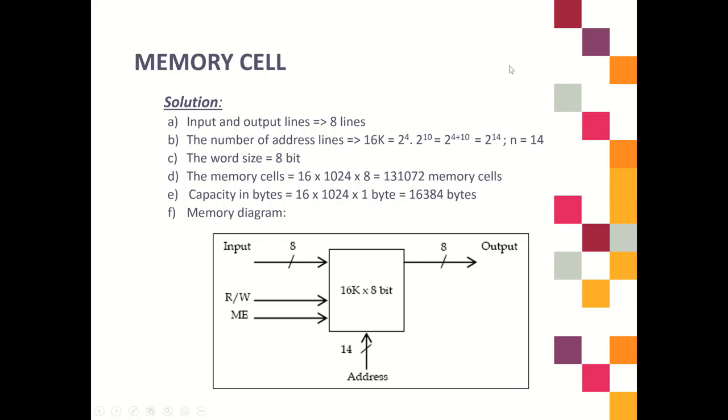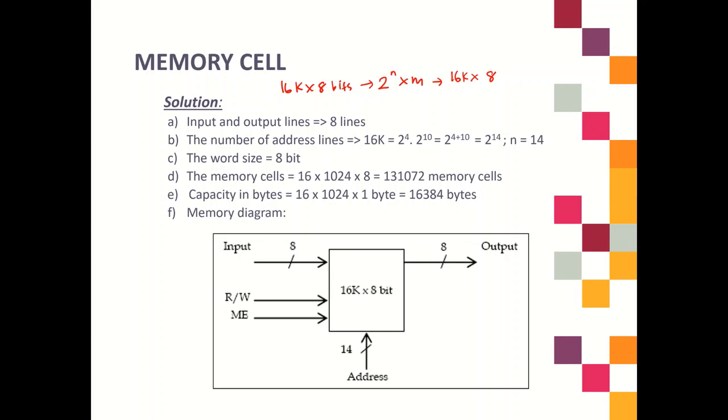So the first solution, input and output lines. Because the memory given to you is 16K times 8-bit, when you change it to the format of 2 to the power of n times m, you will get 16K times 8. This 16K you need to convert to a power of n.